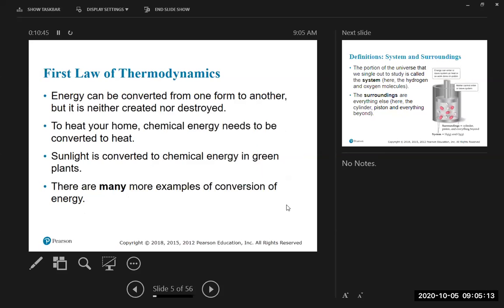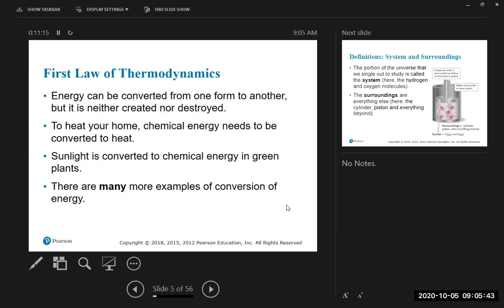The first law of thermodynamics simply says that energy can be converted from one form to another, but you can't create it or destroy it. So there's a certain amount of energy going on, and you can move it from one form to another, but you can't create it, you can't destroy it. It's kind of like when we talked about the atoms. We can rearrange them, but we can't destroy them, we can't create them.